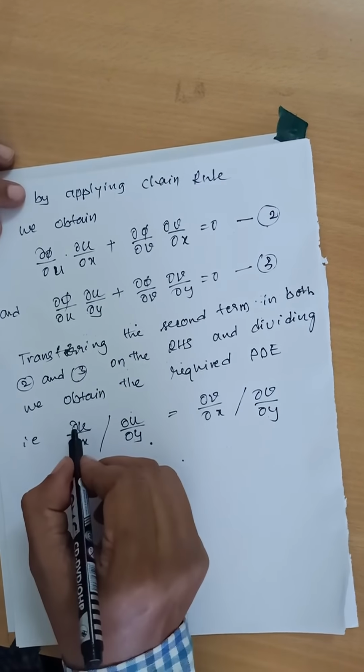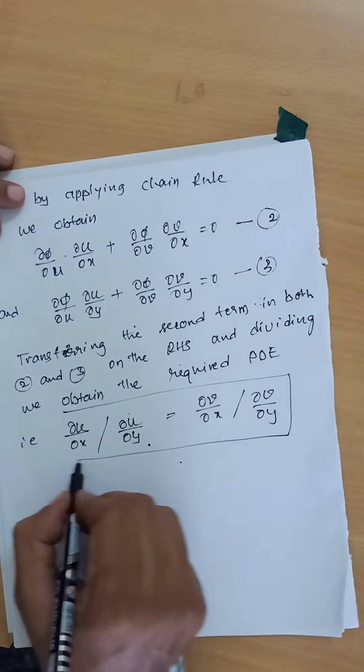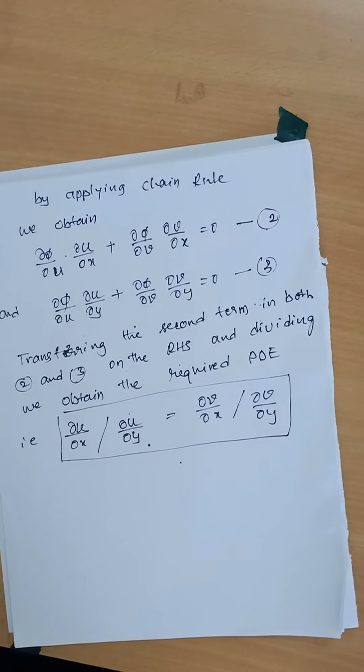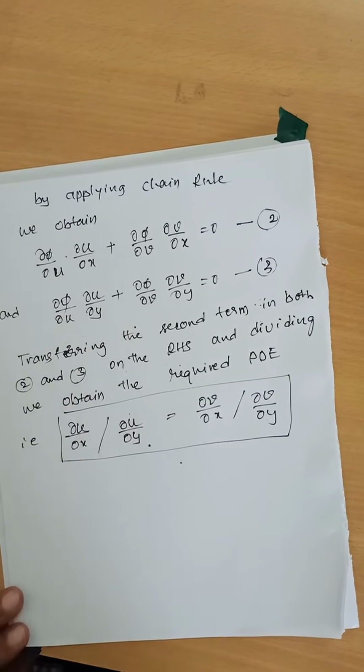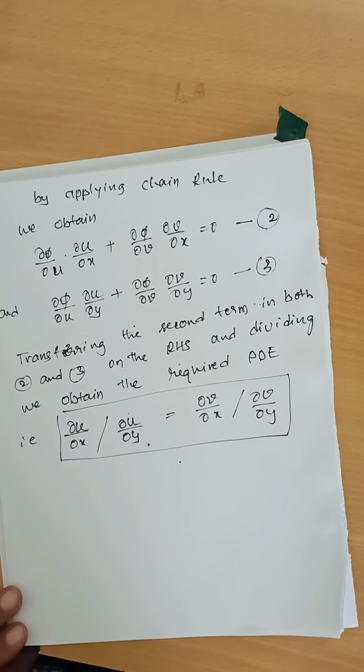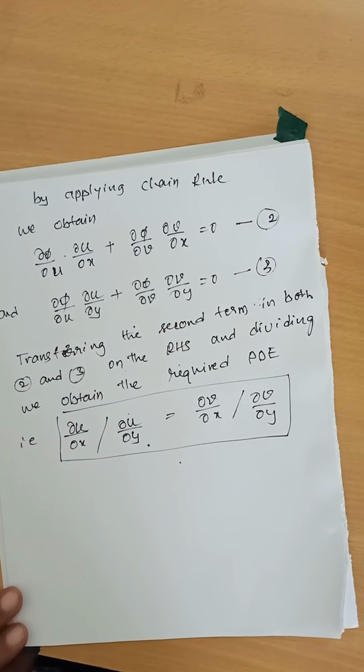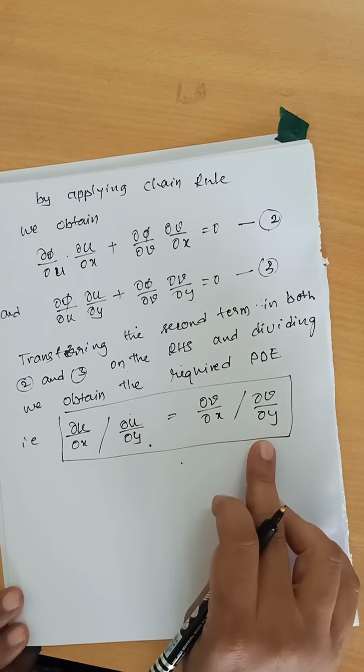You just remember this formula to eliminate functions like φ of u comma v equal to 0 to form the PDE. You just remember this formula for every problem, that is, ∂u/∂x divided by ∂u/∂y is equal to ∂v/∂x divided by ∂v/∂y.